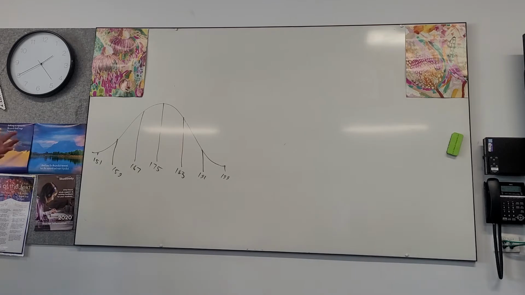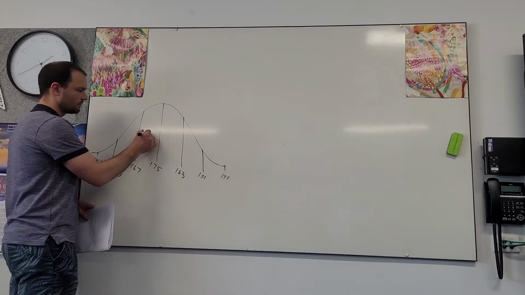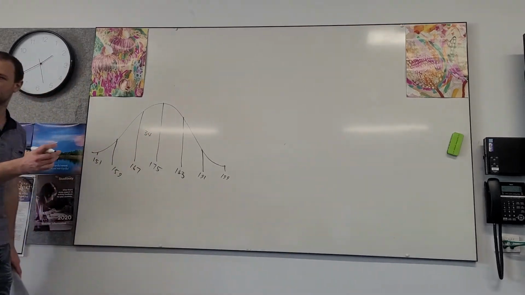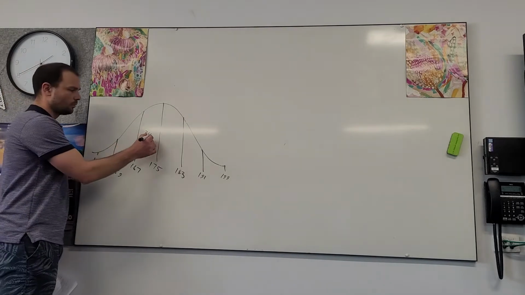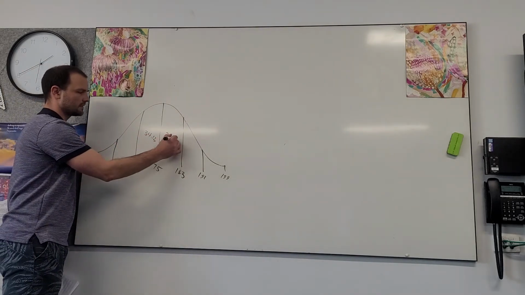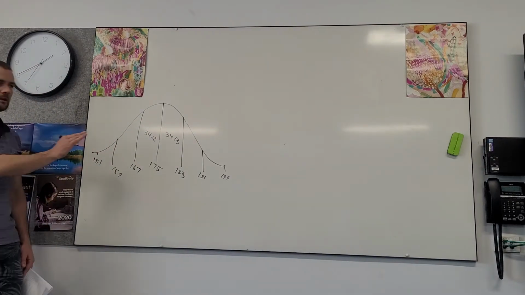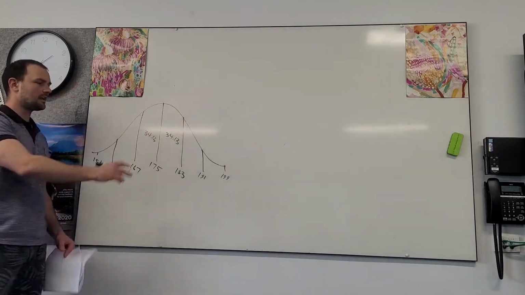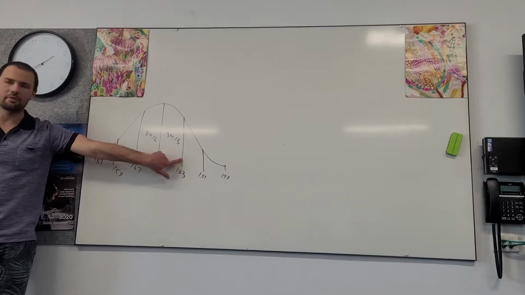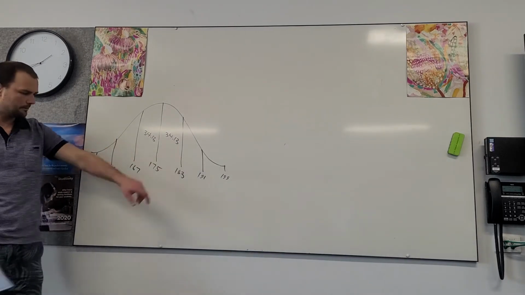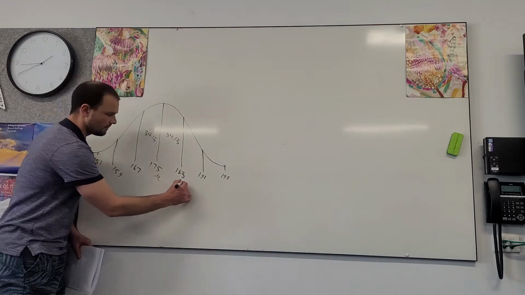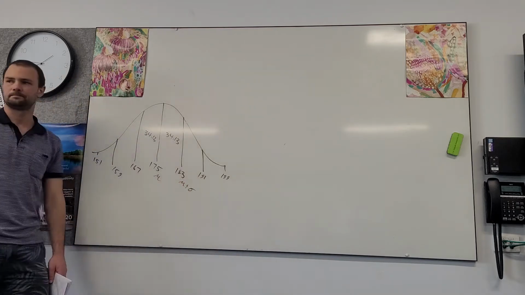Now it's set up in a way that all distributions are symmetric about the mean, so 50% of the data is below the mean and 50% of the data is above the mean, and you have 34.13% of the data between the mean and the mean plus 1 standard deviation.